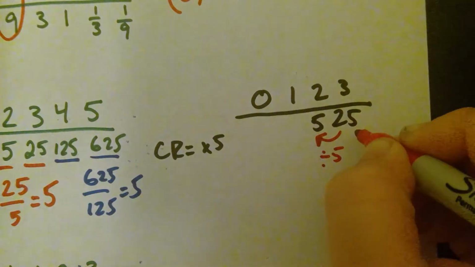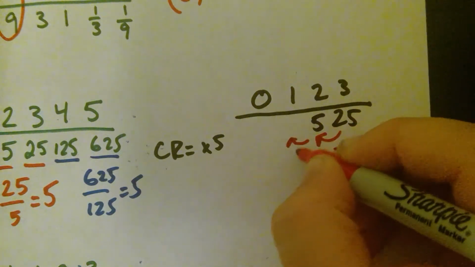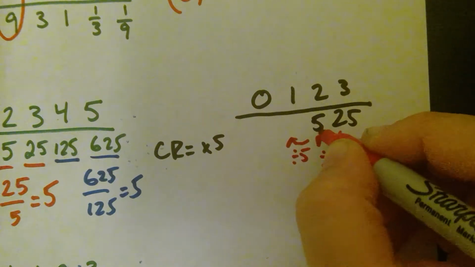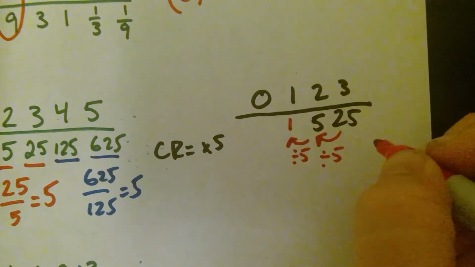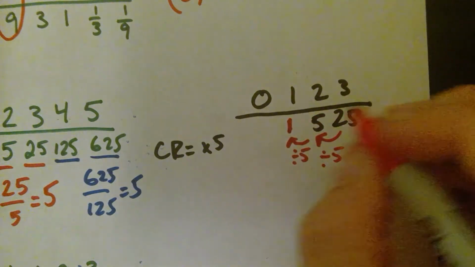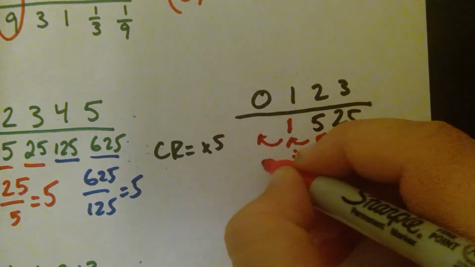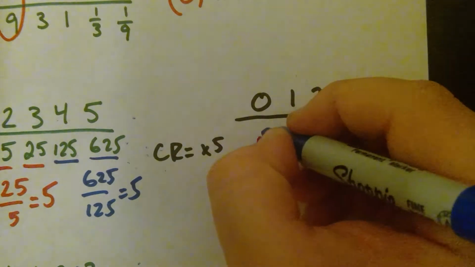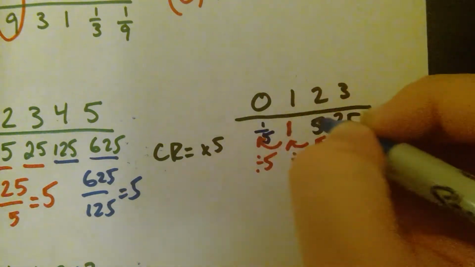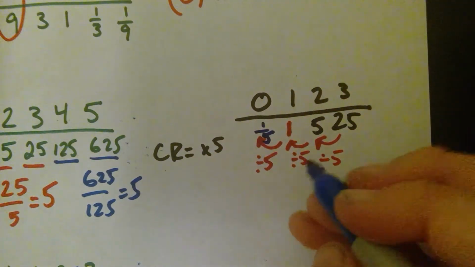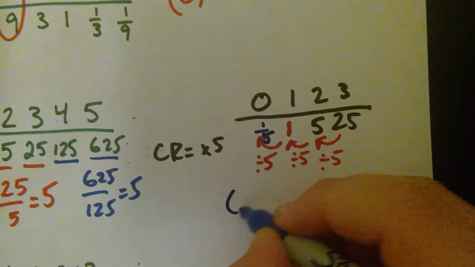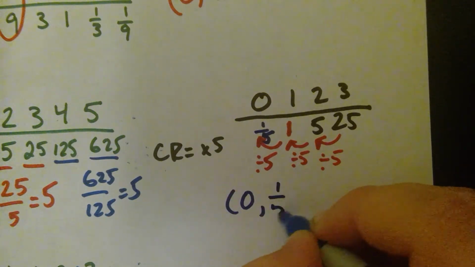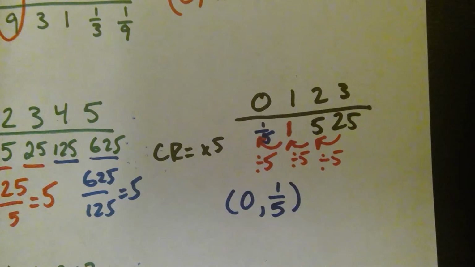Divide by 5. 5 divided by 5 is 1. And then we want to divide by 5 one more time, and that's going to give us 1 over 5. So our y-intercept is (0, 1/5).